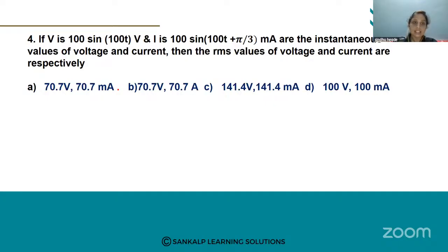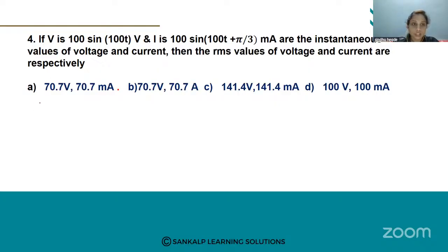If V is sine 100t volt and I is sine 100t plus pi by 3 milliampere are the values of voltage and current, then find the RMS value of voltage and current respectively. Here they ask the question related to RMS value of voltage and current. Firstly, you should write the given things here.